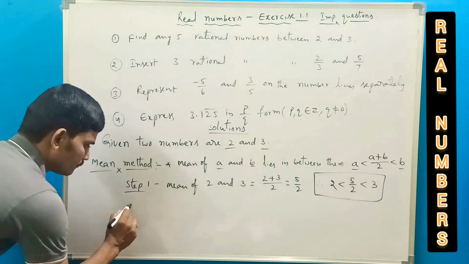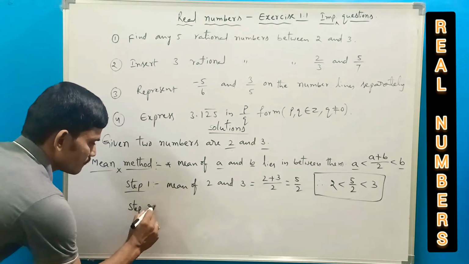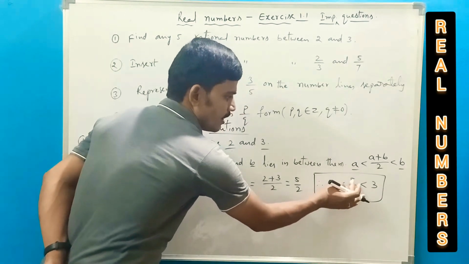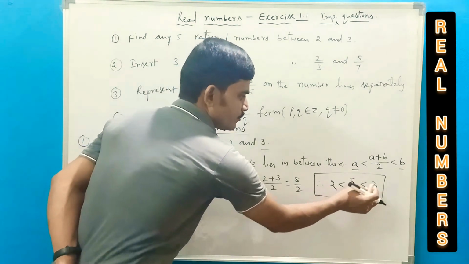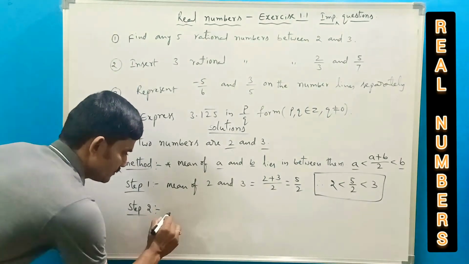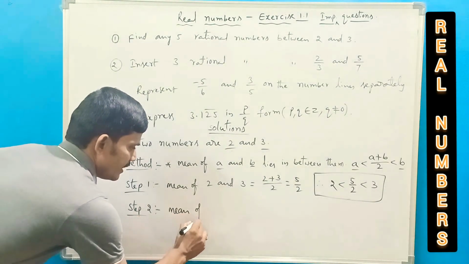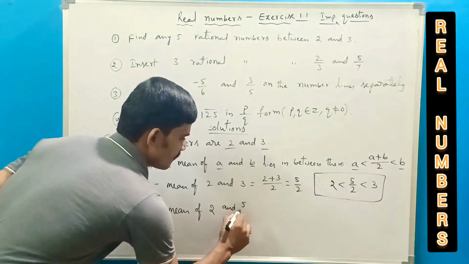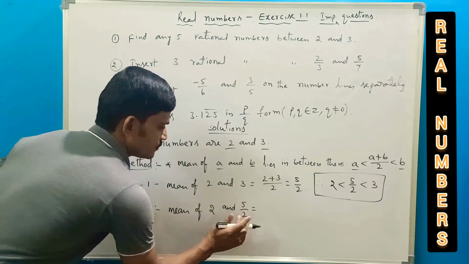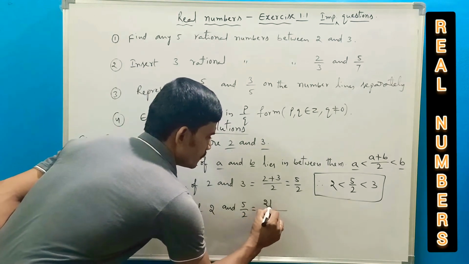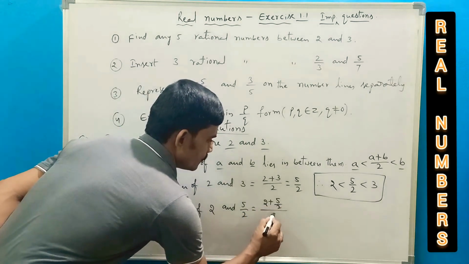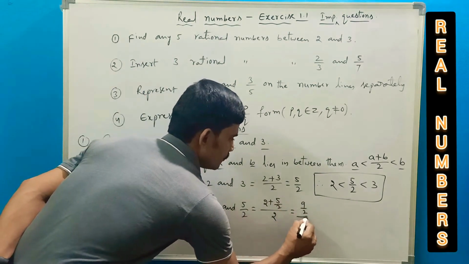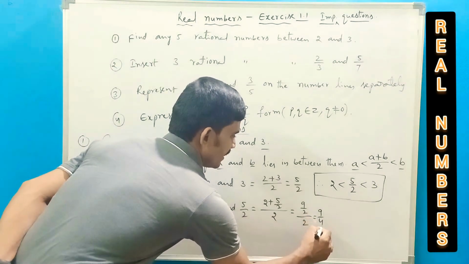Step 2. Again, we have to find mean of either 2 and 5 by 2 or 5 by 2 and 3. I would like to take these two. Mean of 2 and 5 by 2, sum of these two by 2. 2 plus 5 by 2, by 2, that is 2 twos are 4, plus 5, 9 by 2 by 2 becomes 9 by 4.